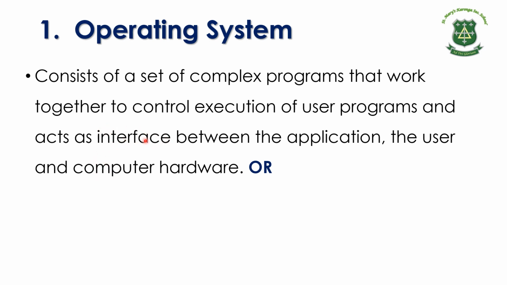It is something that mediates, something that makes sure that the other parts are also connected together. They are working together. So the interface is something that connects two different components to work as one. So we are saying the operating system is there as an interface.